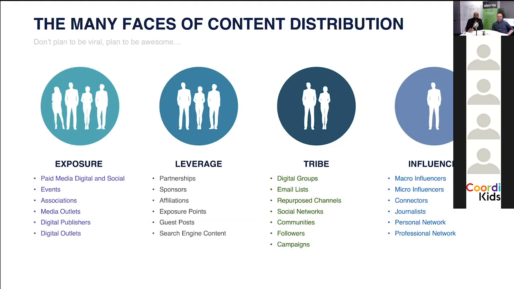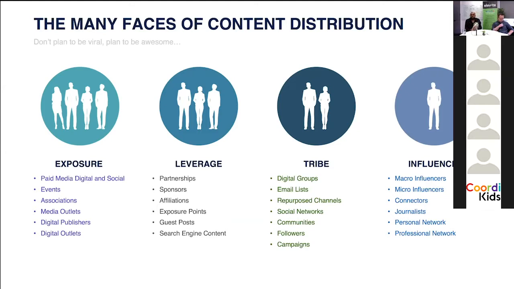So it's really important for you to consider that when it comes to where you want to go and achieving your digital objectives. We're going to go through the different phases of content distribution and the many ways we can amplify this content. Let's start off with the influence points. In this world, we have macro influencers and micro influencers.